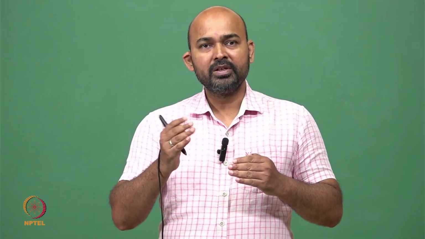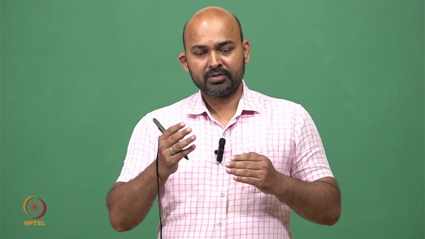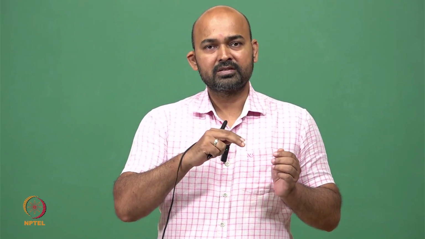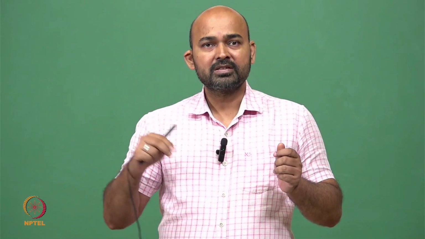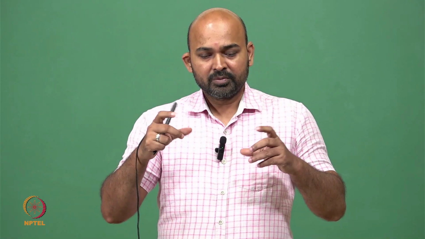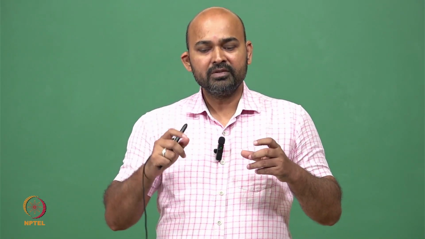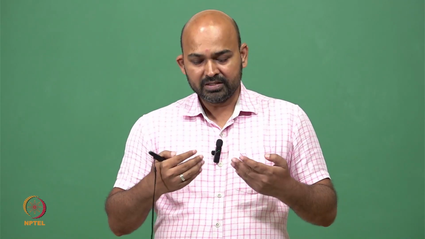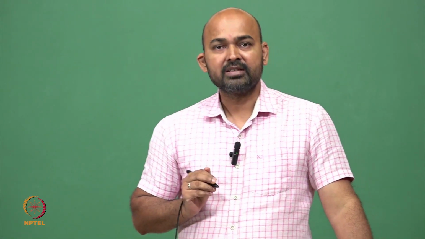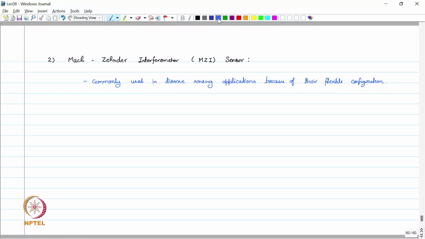The difference between the parameters of these two waves, one traveling in the reference arm and one in the sensing arm, tells us what measurand is applied at the MZI sensor. So this MZI sensor has two different arms.